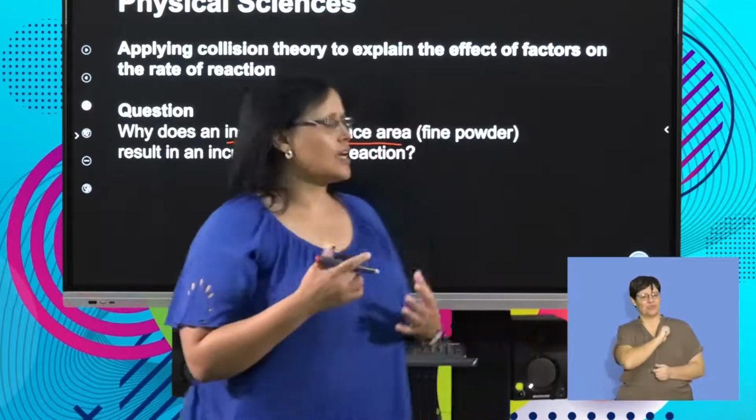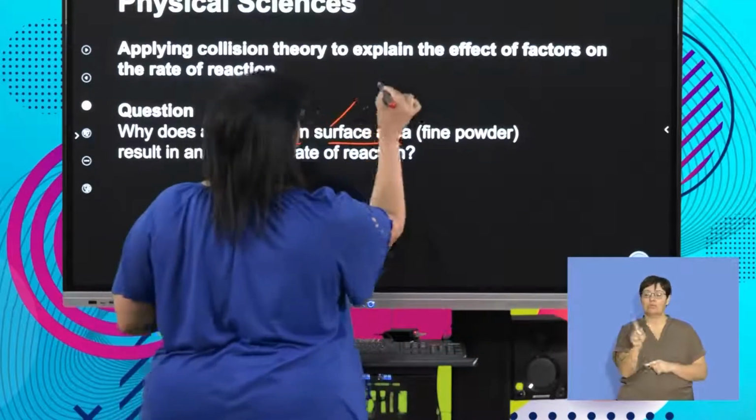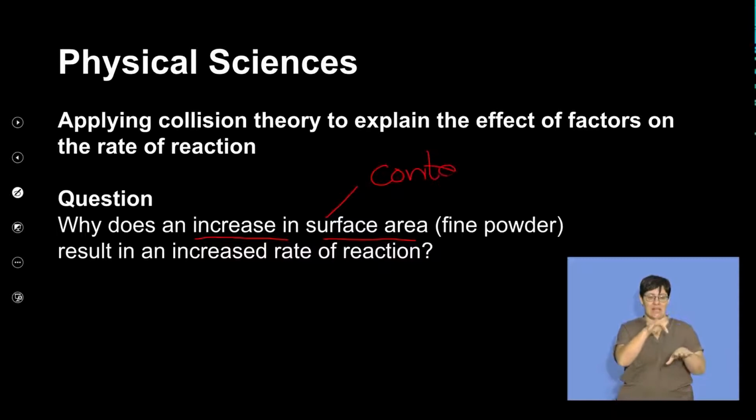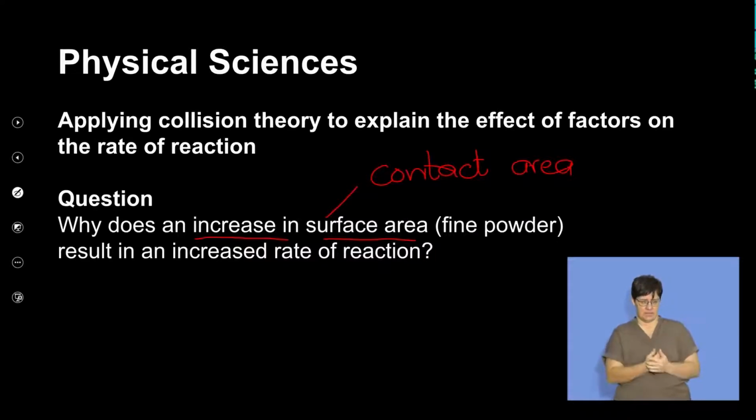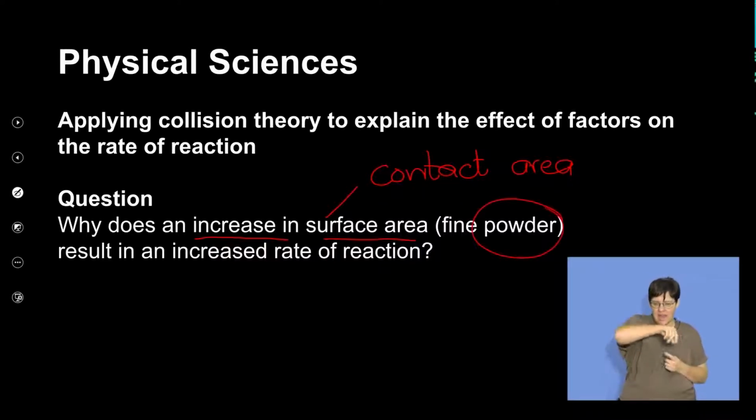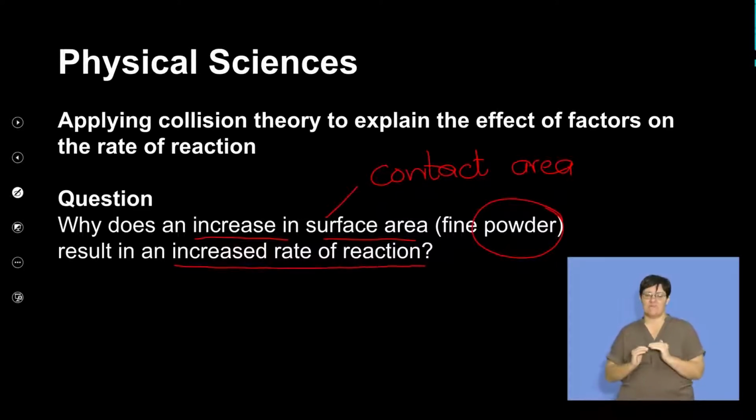But the surface area that we refer to is actually the contact area of that solid, meaning how much contact area is in that solid that can collide or hit against each other or bump against each other. So the finer your solid, meaning if you have powder particles, there will be more space for the collisions to happen, and it will lead to an increased rate of reaction.